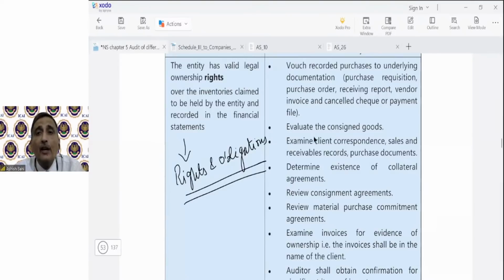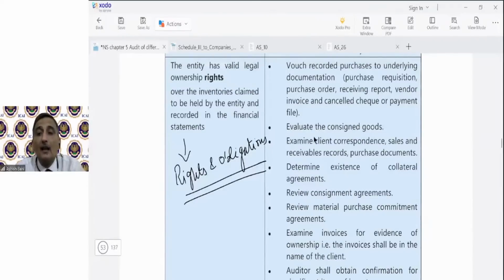So how do we know that the company has valid legal rights? Simple. In respect of raw materials, you would see purchases. Purchases should be in the name of the company. If the bill is in the name of the company, and the company has purchased those materials, then obviously it has got a right over those materials.